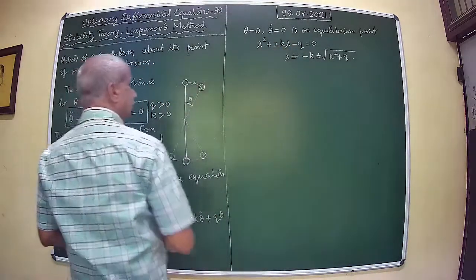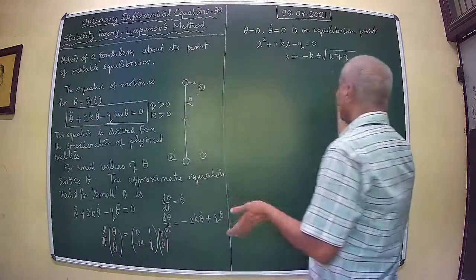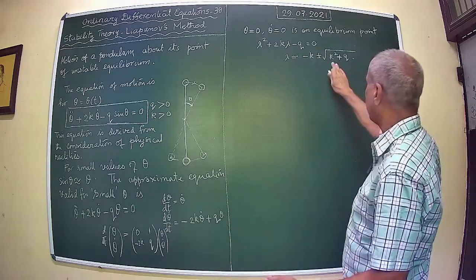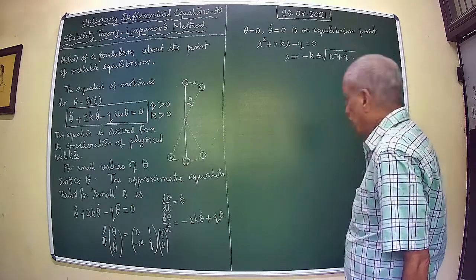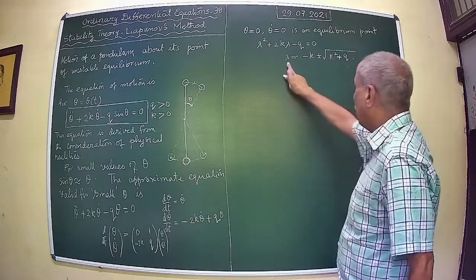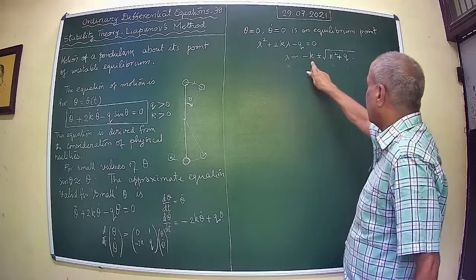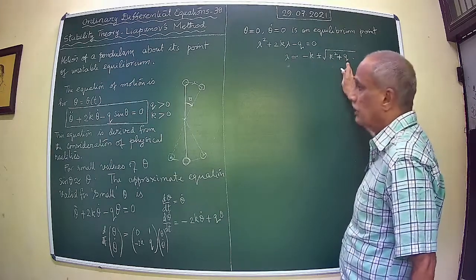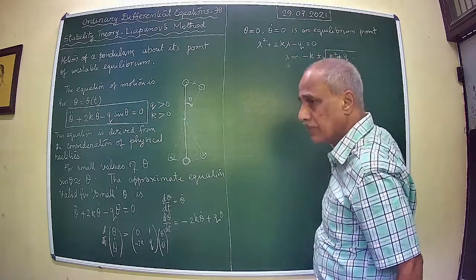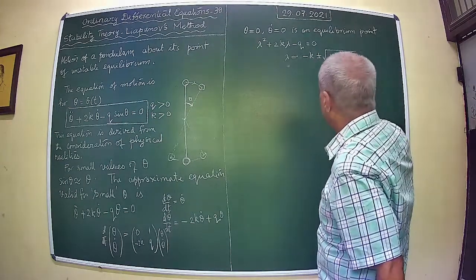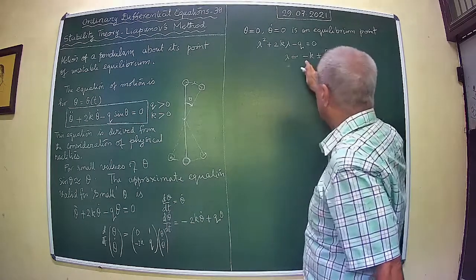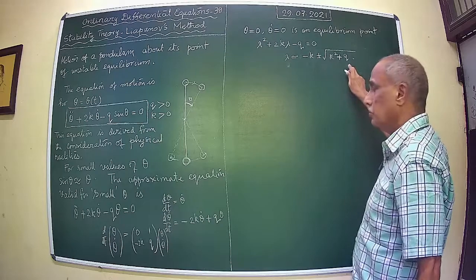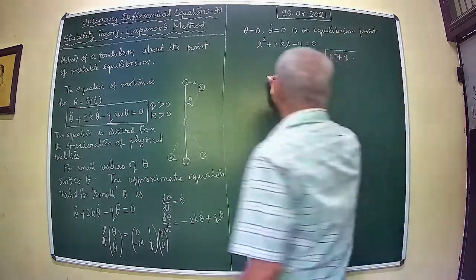We are assuming q is positive and k is positive. There are two values: lambda equal to minus k plus root of k square plus q, which is positive, so that's a positive eigenvalue. And then you have the eigenvalue minus k minus square root of k square plus q.